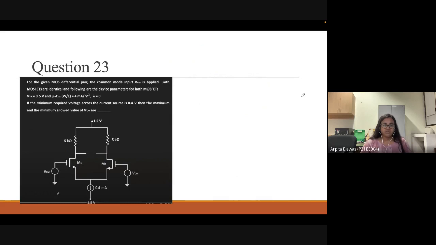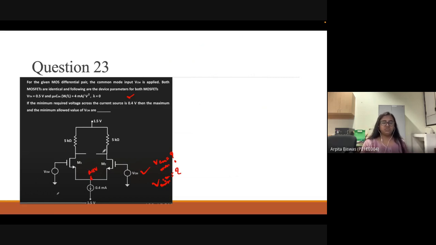If the minimum required voltage across the current source is 0.4, then find out the maximum and minimum allowed value of VCMR. So here VCM is given, so we have to find out the max VCM and the minimum VCM value.